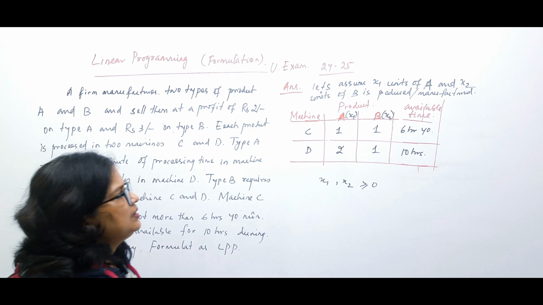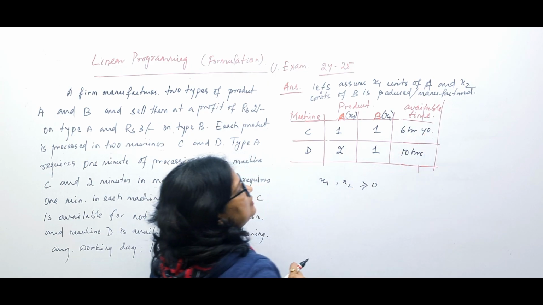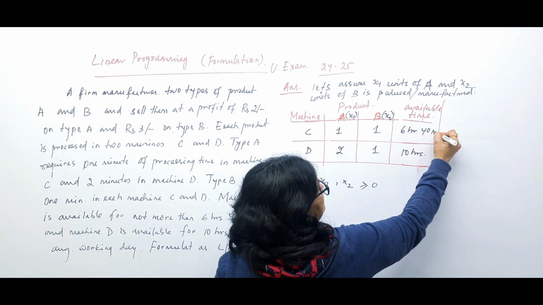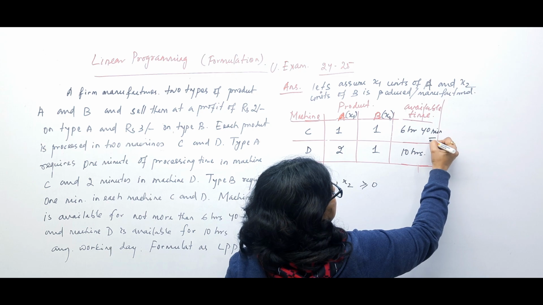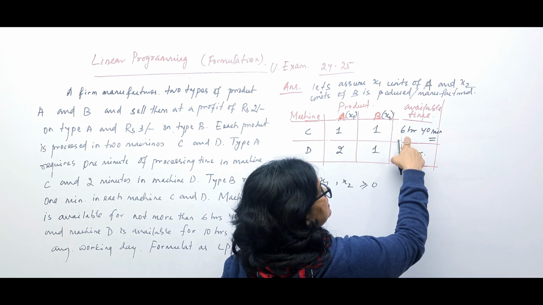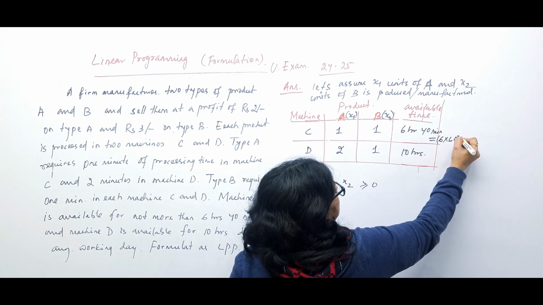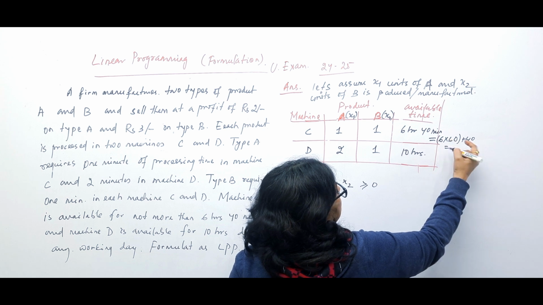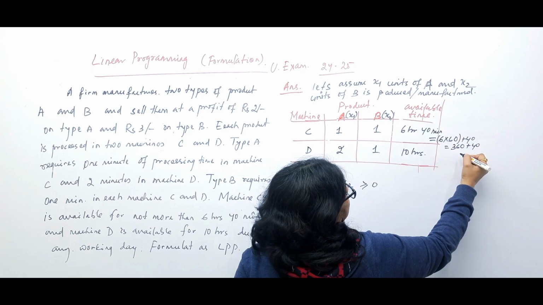Formulate as LPP. So what we can do is express this in minutes. If we convert it into minutes, 6 hours means 6 into 60, which is 360, plus 40, which is equal to 400.